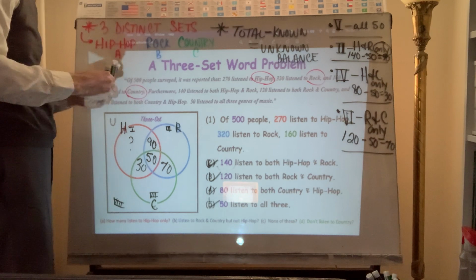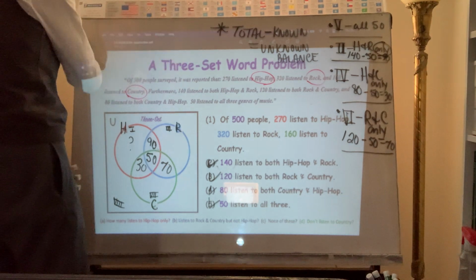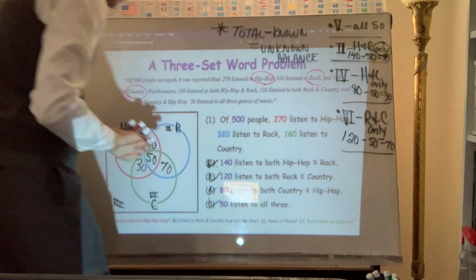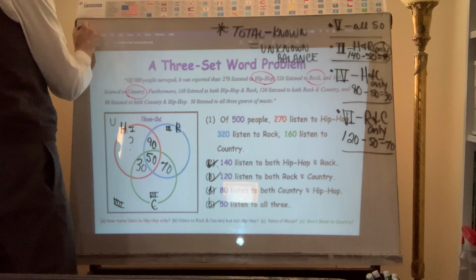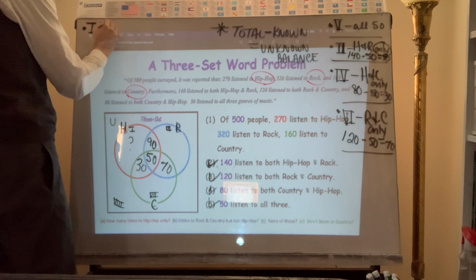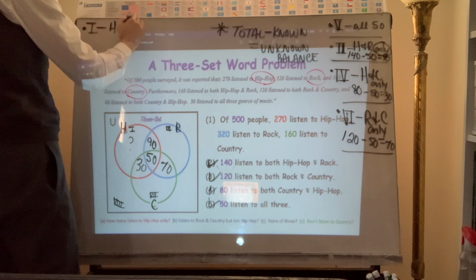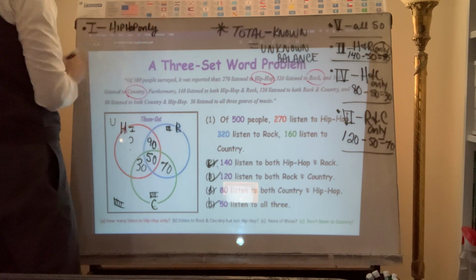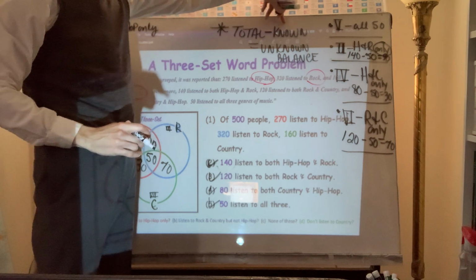I'm a little short on space, so I'm going to write this stuff over here. Figure out region 1 now. Region 1 is hip hop only, which would be the same basic idea, a total minus a known amount.